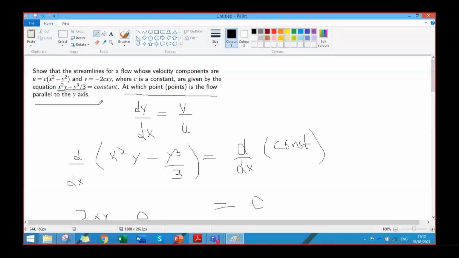How can you tell that? Can you tell at which points the flow will be parallel to the y-axis? If the equation is x equals something, then it will be parallel to the y-axis.